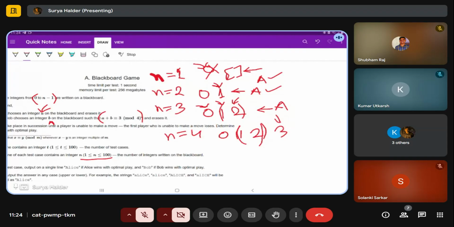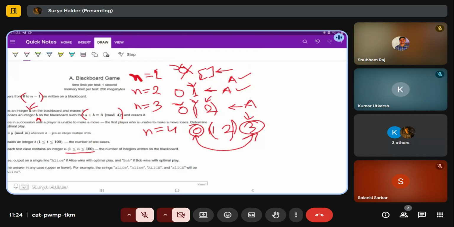After that, if Alice picks up 3, and I consider 0 and 3 as a group, then Bob can pick up 0. If Alice picks up 0, Bob can pick up 3. After two rounds are completed, it is Alice's turn, but by that time the array is already empty. So for this case, Bob wins.